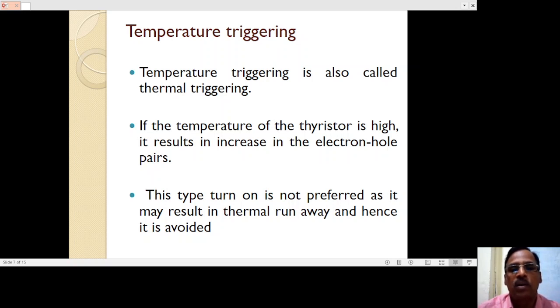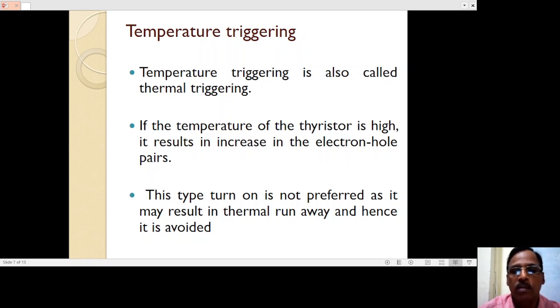So this method is also called temperature triggering or thermal triggering. If the temperature gradually increases, this results in electron hole pairs increasing across junction J2. Earlier, your SCR is in forward bias condition, junctions J1 and J3 are in forward bias condition, and by increasing the temperature, the depletion layer of junction J2 reduces. So it starts conducting.